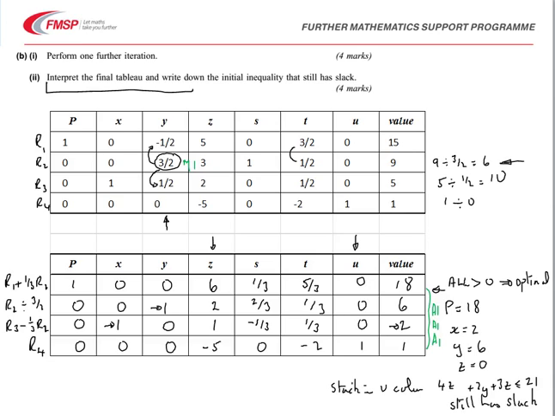The interpretation, the fact that the optimal value is reached, scored 1 mark, and then a B mark for P, and B mark here for X, Y, and Z. These are actually follow-through marks, so if you'd made an error in your working, you would still get the marks for the interpretation. And a B mark for identifying the correct inequality there. And notice it's the inequality that we're asked for, the initial inequality.